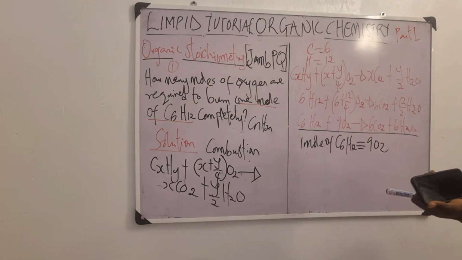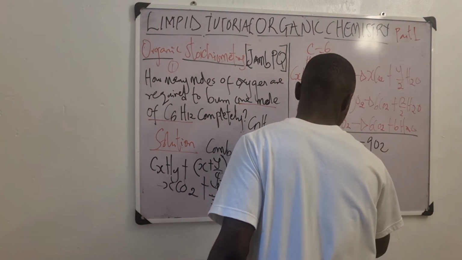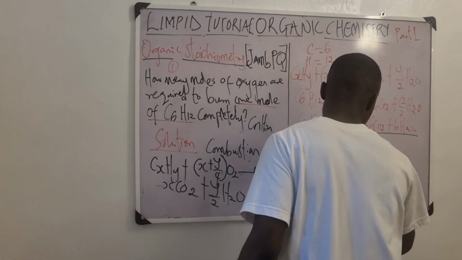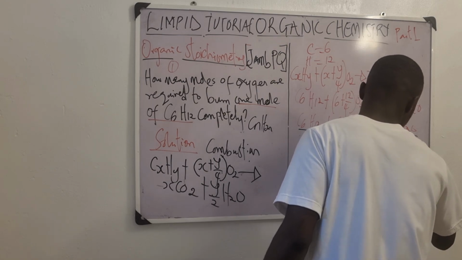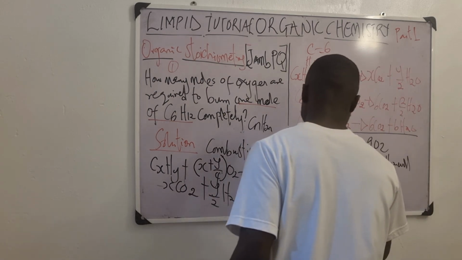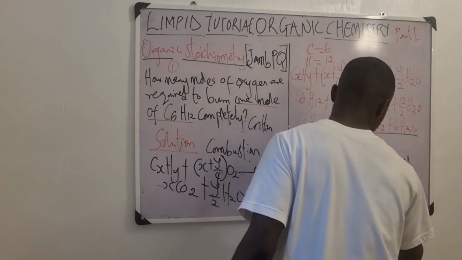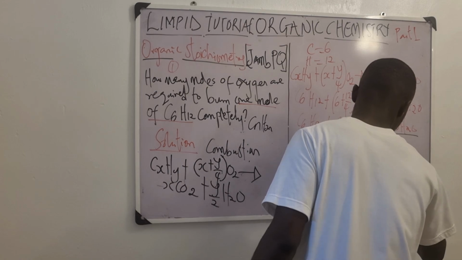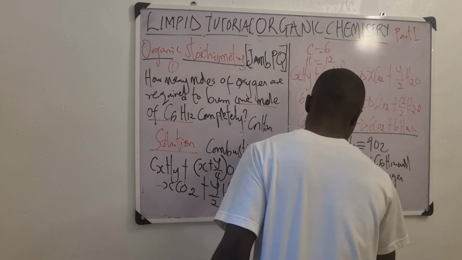So to get our answer, we say that therefore 1 mole of C6H12 will burn 9 moles of oxygen completely.